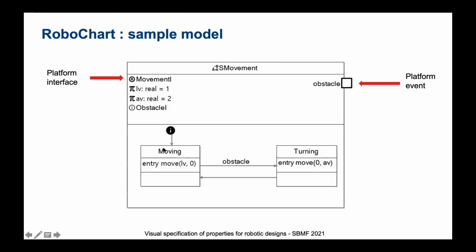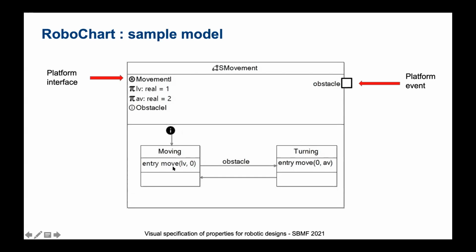So we see here a very simple behavior just for presentation purposes. This robot is very simple. The logic is to walk in a straight line, and when it detects an obstacle, it turns, then it goes in a straight line.